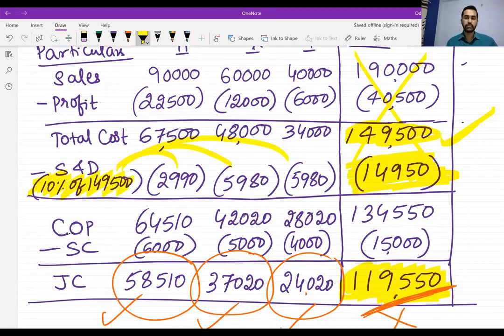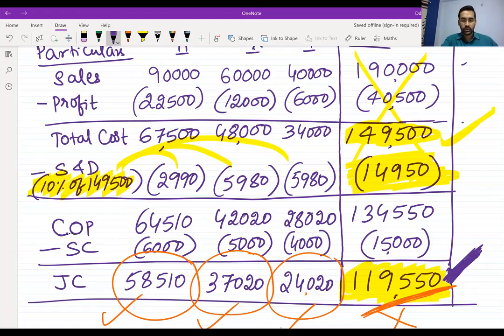So the purpose of total is to find out selling and distribution cost, and also to check our final answer. Please remember, in examination, if this number is not 119,550, if you get something else, then your answer is fully wrong, because 119,550 is already there in the question. How can you change the total joint cost?